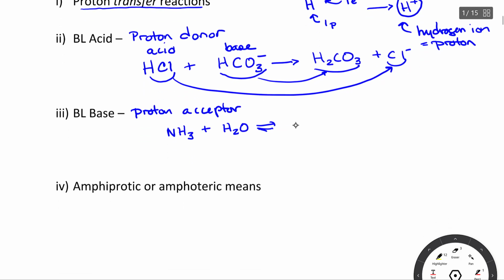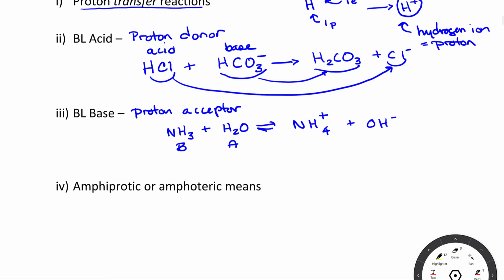You're going to get NH4 plus and an OH minus, like this. Now we're going to ask the question, which was the proton acceptor and which was the proton donor? I'm going to pause here, go ahead and predict, and then restart the video.